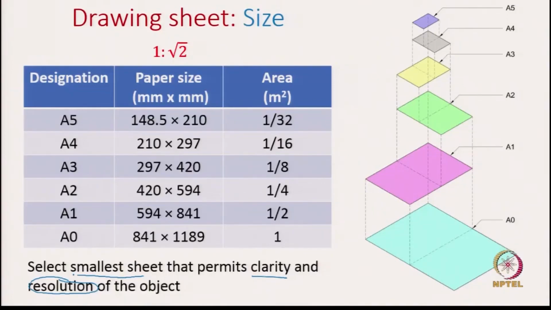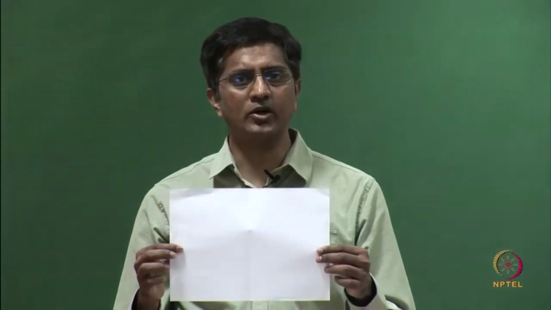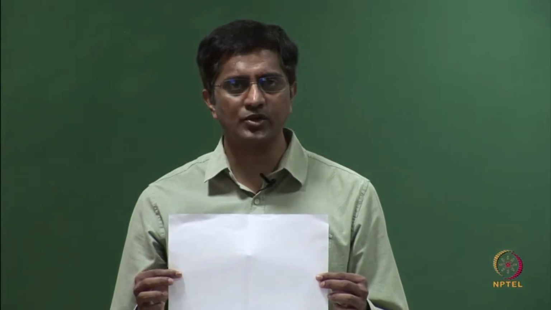Depending on that and on the object you pick, we tend to choose different drawing sheets. Typically in engineering colleges we tend to use A2, but as A4 is quite common, we can also use A4, depending on the kind of object you are practicing.